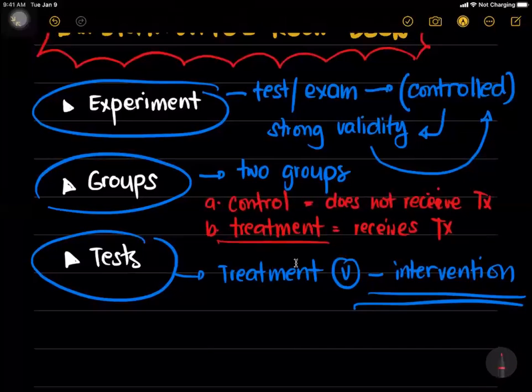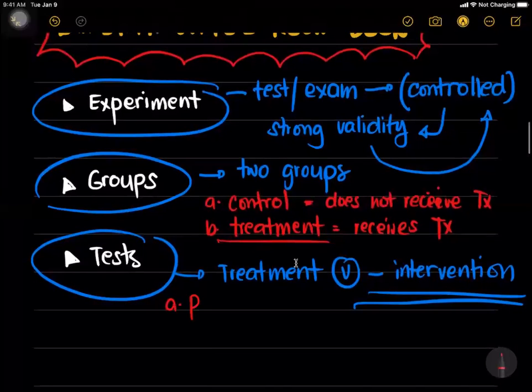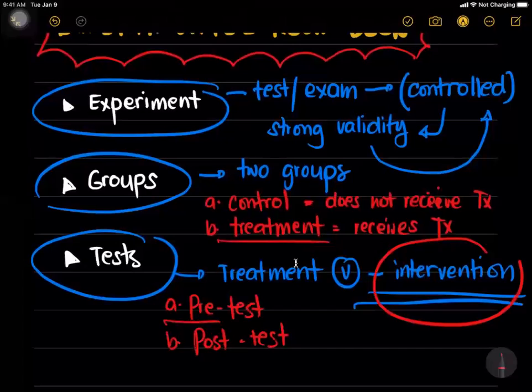Aside from that, in some experimental research approaches, you do two types of tests. And what are these? We have your pre-test and your post-test. Take note that the prefix pre means before. So prior to the introduction of your intervention, you have already conducted the test.